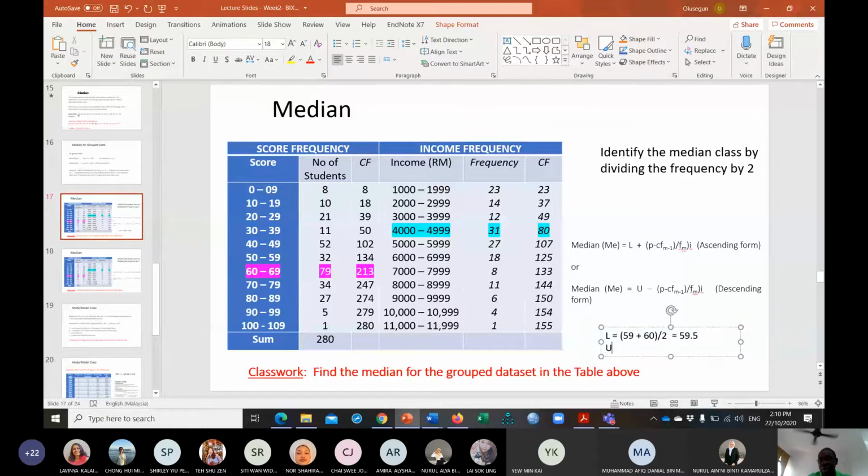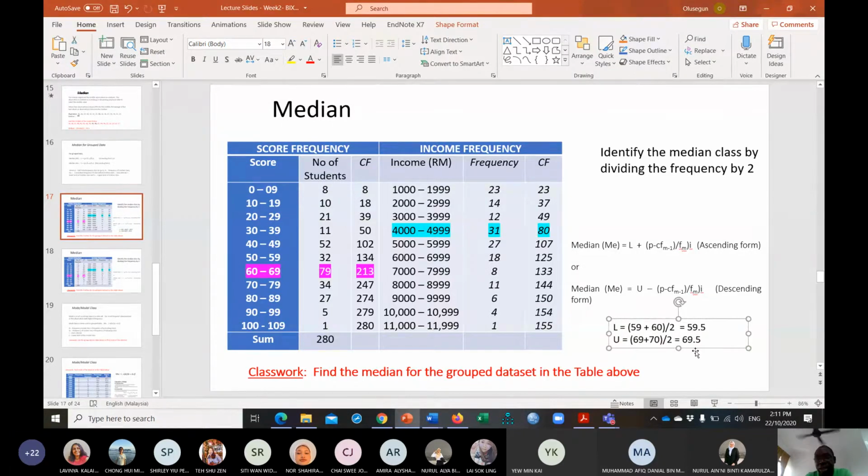Similarly, U will be equal to the upper limit plus the lower limit of the next one, divided by 2. That will be 69 plus 70 divided by 2. And this will give us 69.5 for statistical accuracy. So let's have this in mind.